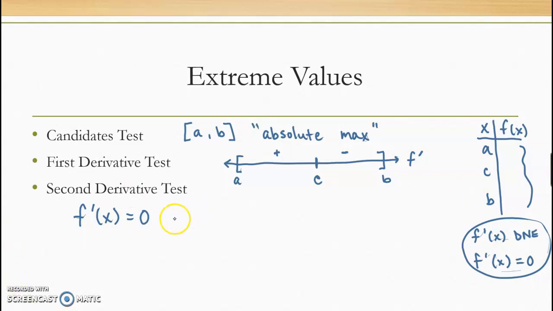And then there are 3 possibilities. One possibility is that f double prime at your critical point is positive, and that would mean that you have a concave up function and a horizontal tangent line, so that would be a minimum.